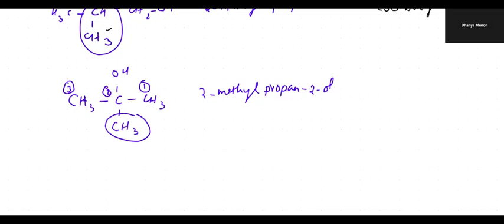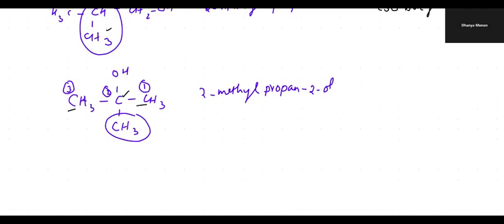Now, here, what would be the common name? Common name for some substances is very important because sometimes they might give the common name in the question paper. So it is very important that you must know the name. Now, for the common name, the carbon is surrounded by 3 other carbon atoms, 1, 2, and 3.